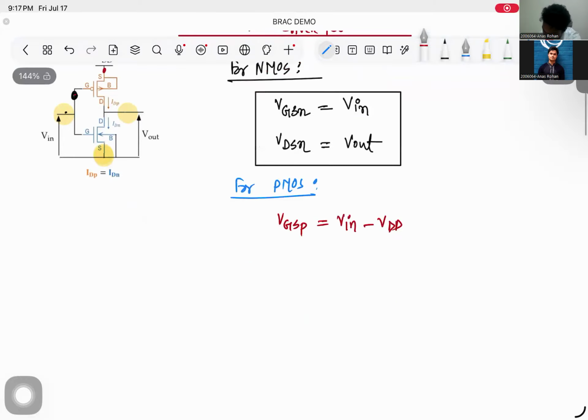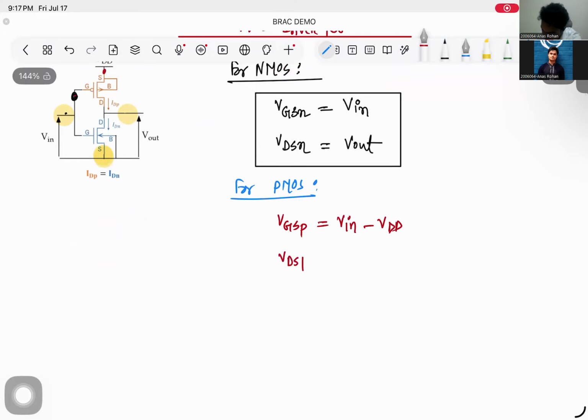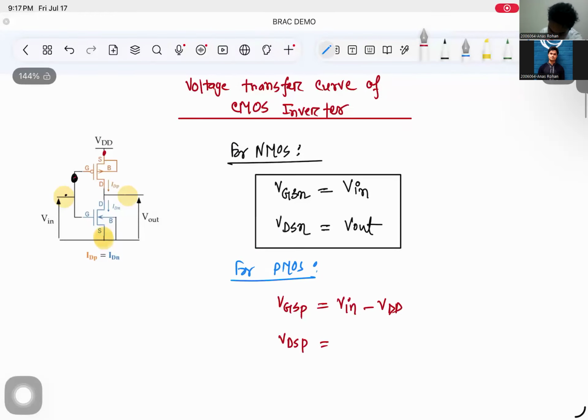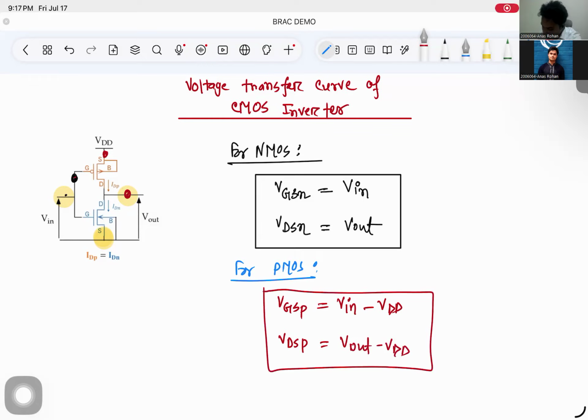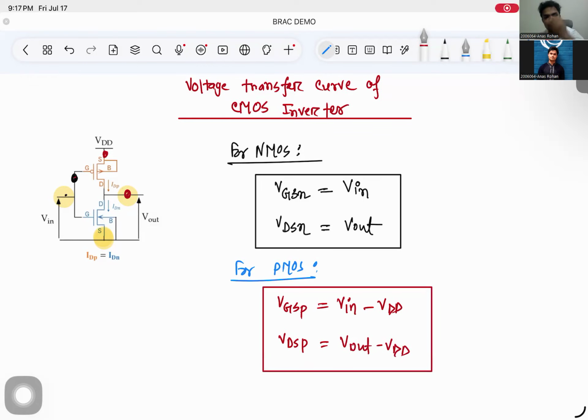Similarly, for the VDS, this is our drain terminal and this is the source terminal, so it will be equal to V out minus VDD. So we have successfully found all the equations of our NMOS and PMOS, the input and output equations of our CMOS inverter.